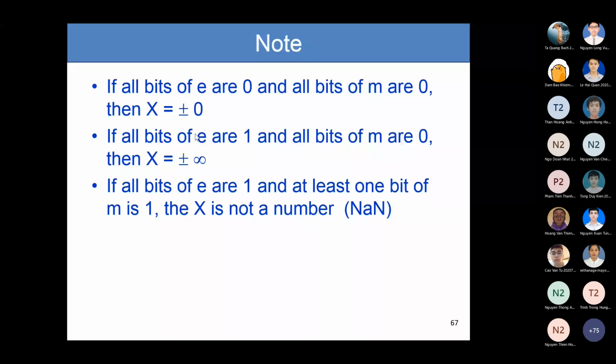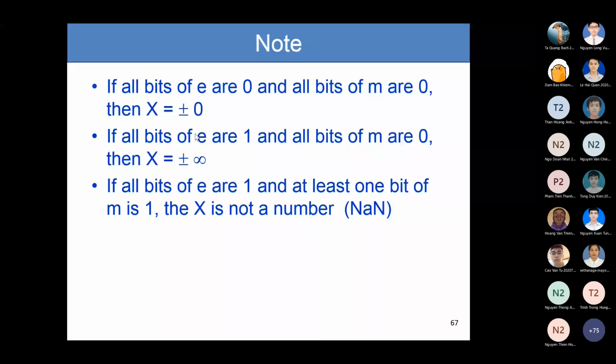For example, I have this number 0.0000, we have many 0s, right? And then 1. So this is 0 in the computer, but this is positive 0. Because, for example, if we use single precision, we can only represent six digits of the fraction part.